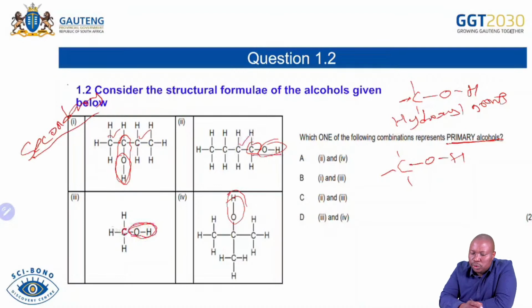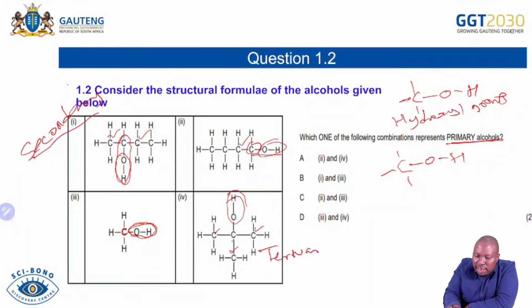So that would as well fit to be referred to as a primary alcohol. When you look at Roman figure 4, the last option there, the carbon that is bonded to the hydroxyl group is bonded to three other carbons. So you can see it is surrounded by three other carbons. Then that makes it a tertiary alcohol.